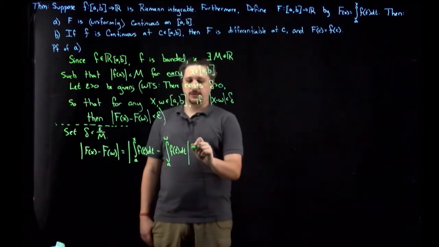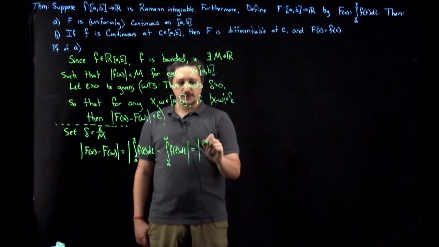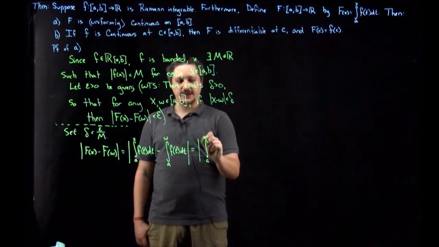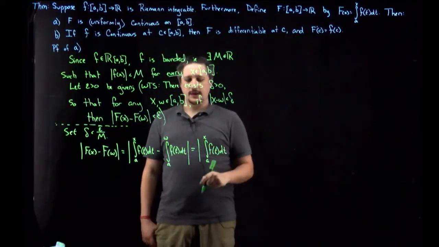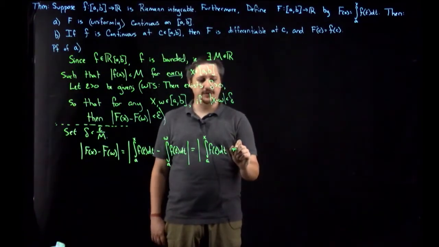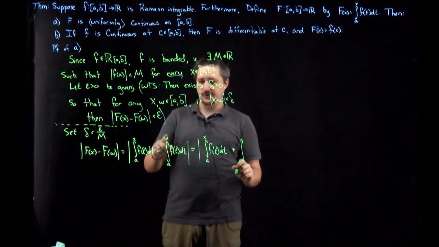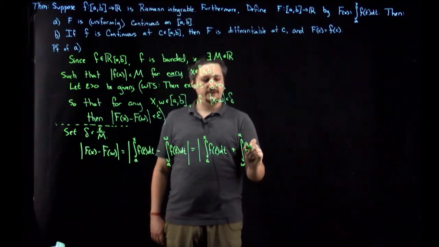What is that? Well, according to one of our theorems earlier, you can write this as, so I'll keep this, the integral from a to x of f of t dt. But here I can flip those bounds and flip the sign, right? So I can make this plus the integral from w to a now of f of t dt.